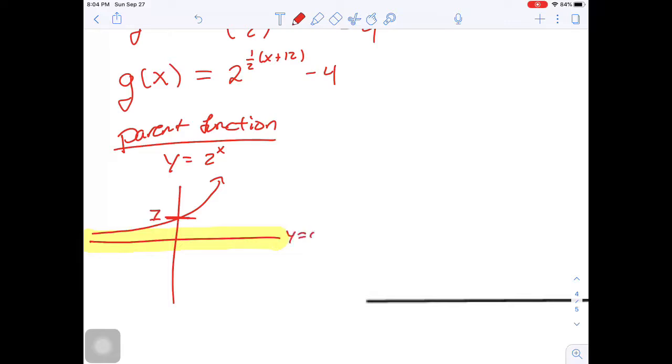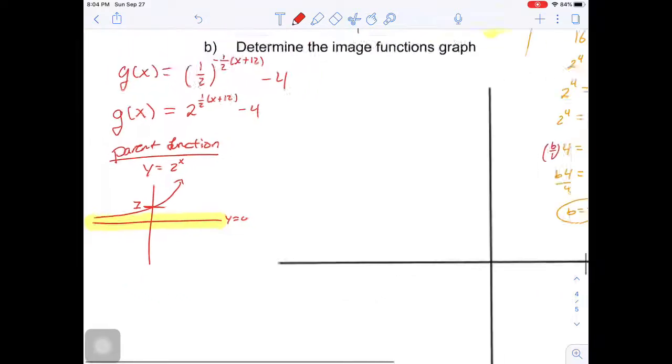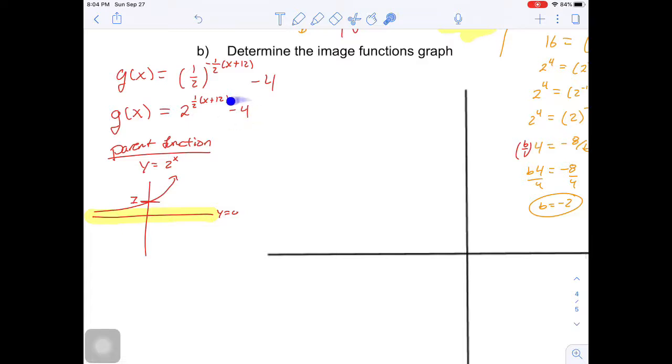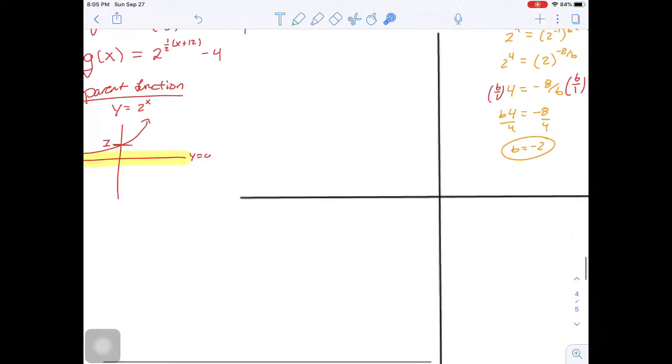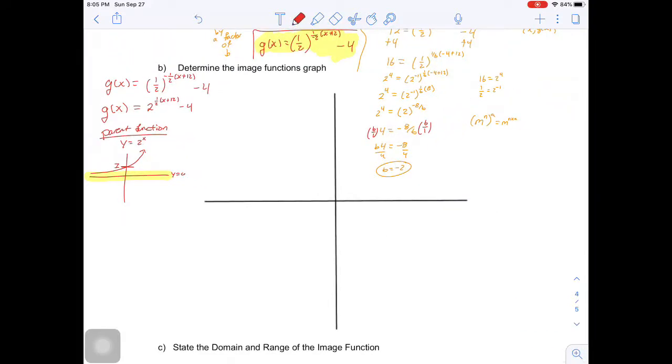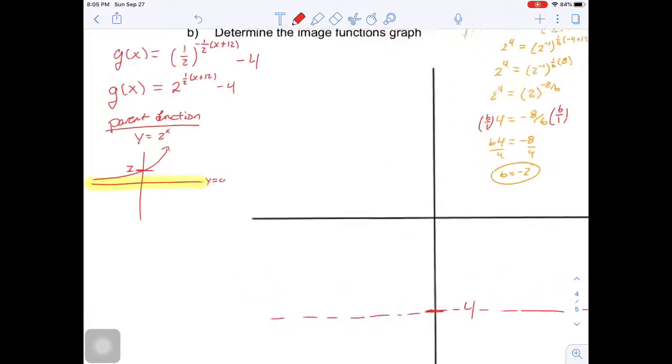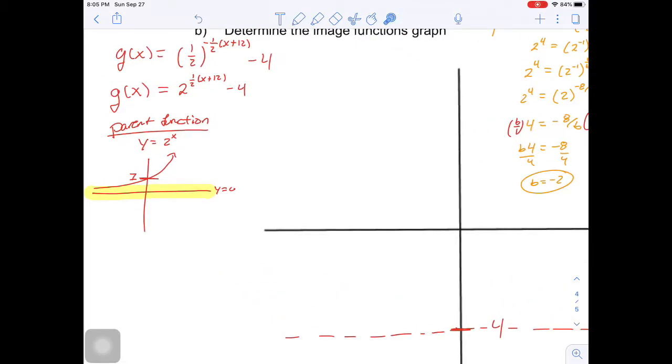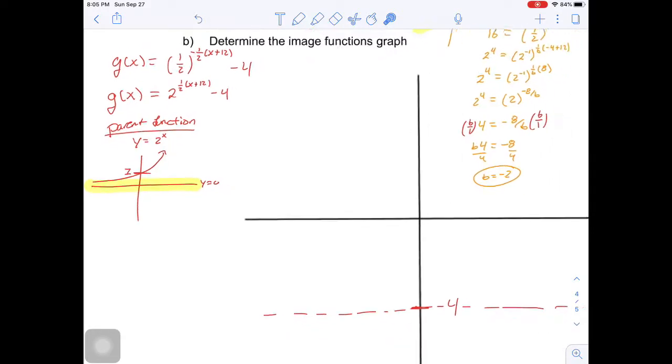This is at 1, and you have y equals 0. To graph this, we already know that our new horizontal asymptote is at -4. So here, we have a horizontal asymptote at -4. We did not reflect anything here. There's no negatives in front of this 2, and there's no negatives in the exponent here.